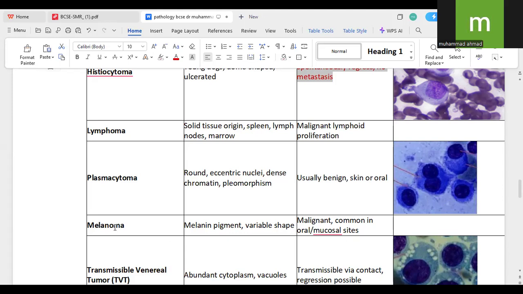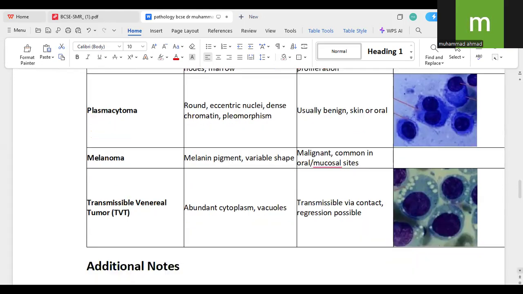Melanoma, malignant pigment, variable shape, malignant, common in the oral and mucosal sites. Basically, melanoma is a tumor of the melanocyte present on the skin that produces the black pigment. So if there is increased melanin, you should suspect a melanoma.